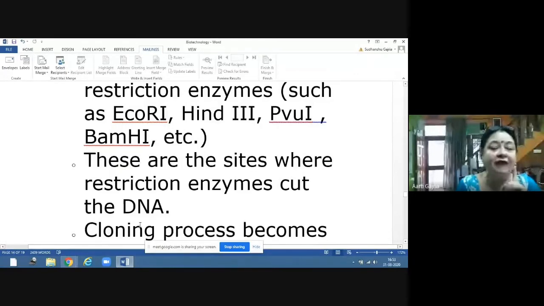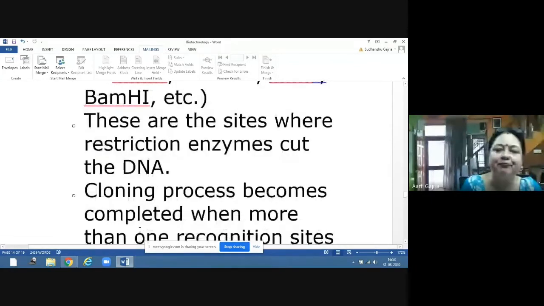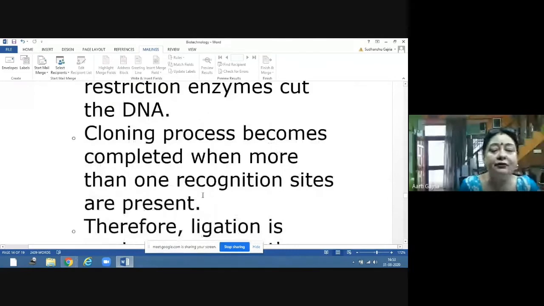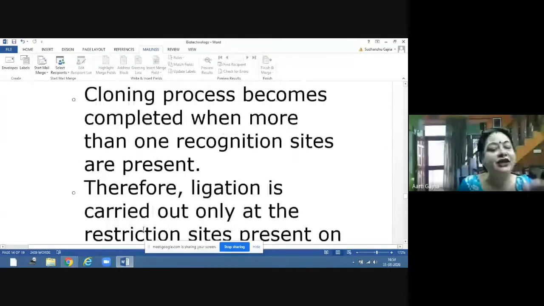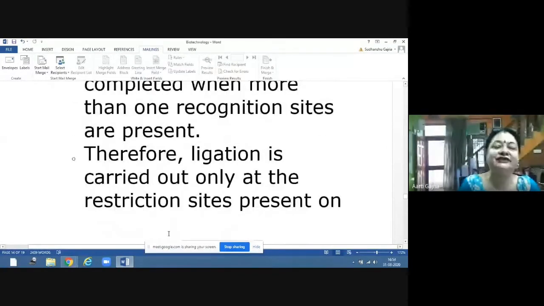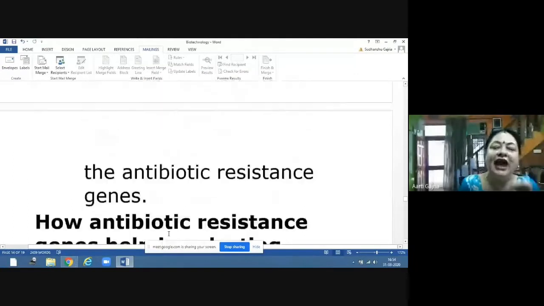But we have to take only one recognition site to be cut because we want only one cut in the plasmid. Cloning process becomes complicated when more than one recognition sites are present. Therefore, ligation is carried out only at the restriction site present on the antibiotic resistant gene.